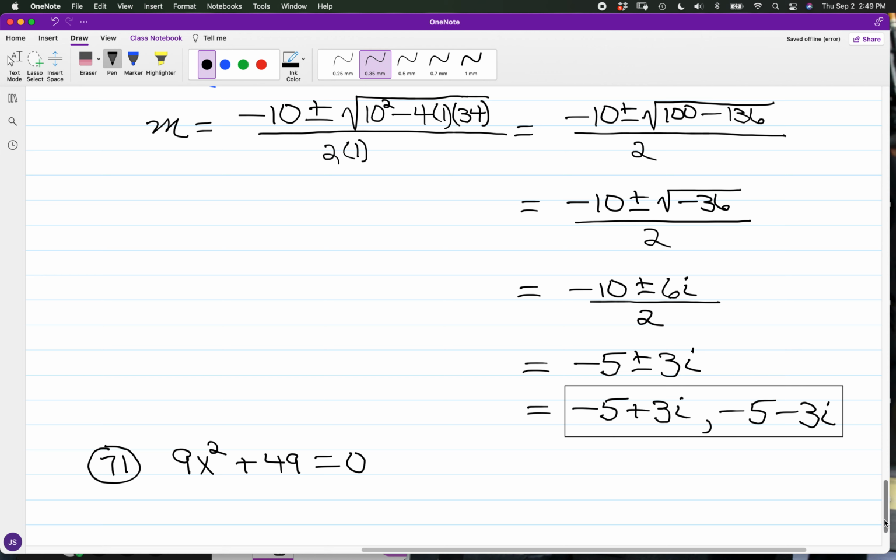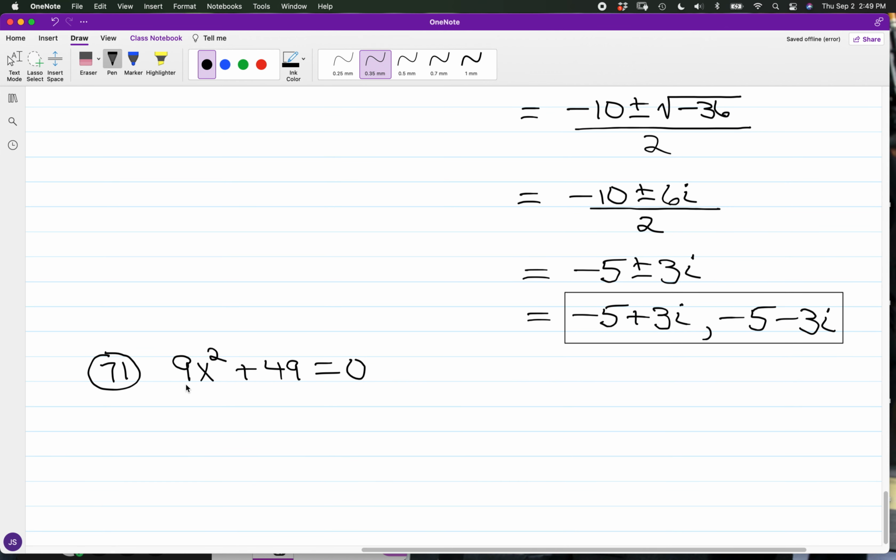But in those other two problems, the coefficient of the variable term happened to be a number factorable into the constant that was added. Now here we have an exception: 9x squared plus 49 is equal to 0. So 9 will not go completely into 49. But like the other problems, I can still isolate the variable term 9x squared by subtracting 49.